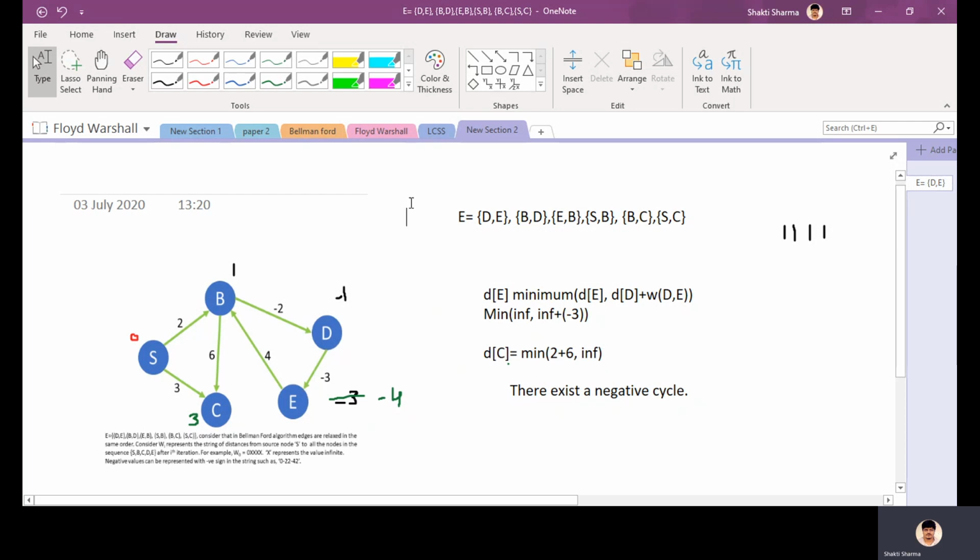And sometimes it is also used as a final step of some other algorithm just to find if there exists any negative cycle, because some of the algorithms ignore the idea of the negative cycle or the negative weights.